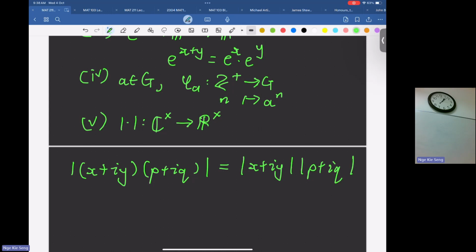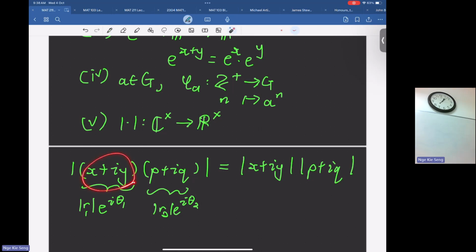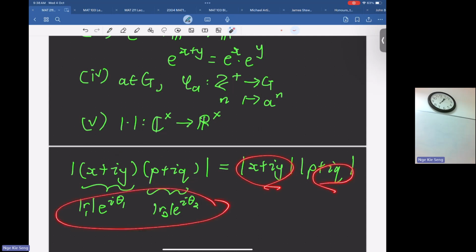So you can write this as a radius times some rotation. Then from here you can easily check that the lengths multiply together. Of course, you can multiply out, but it will be a lot of work. Using this one is faster. Very important, this part builds up complex analysis.